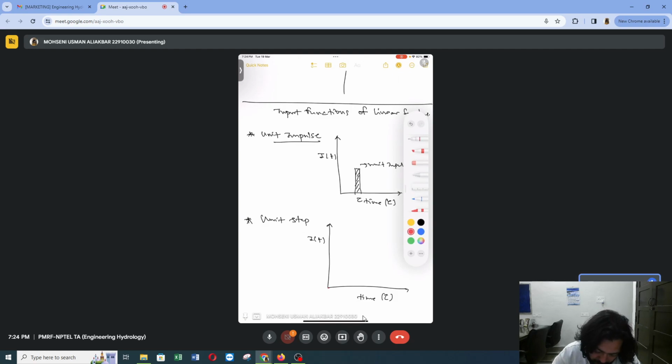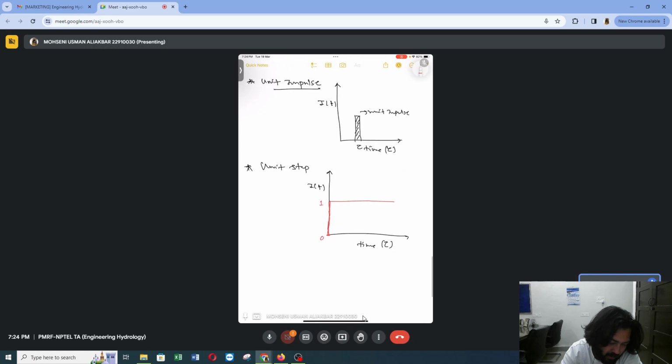Let us say it is 1. So it will go from 0 to 1 and then remain constant indefinitely. This kind of input function is called the unit step.